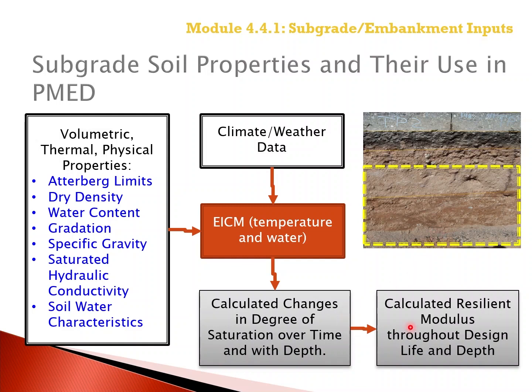And then that degree of saturation is used to calculate resilient modulus through the degree of saturation adjustment factors throughout the design life, as well as throughout the depth of these different unbound soil layers and/or embankment.